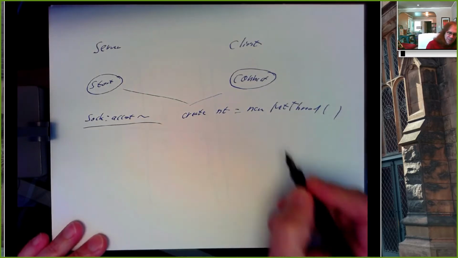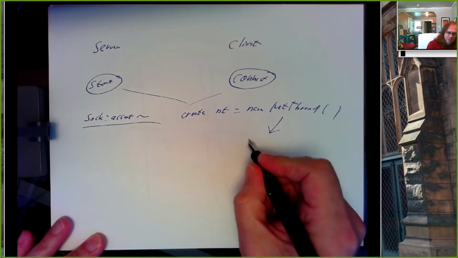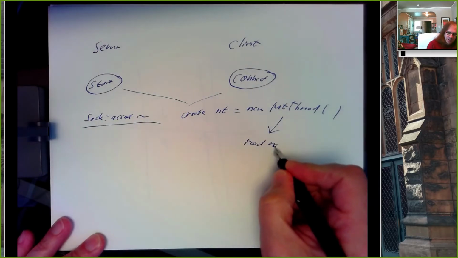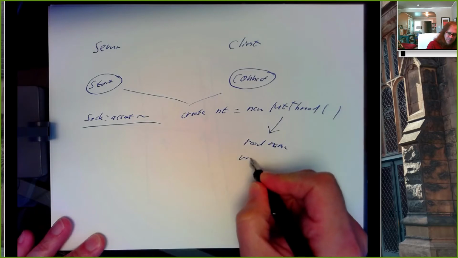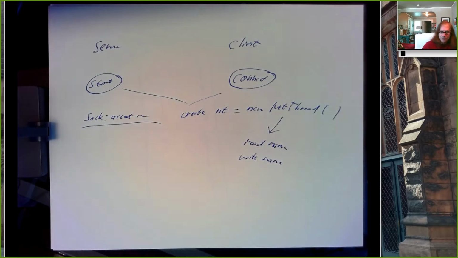And then, inside this net thread, swap names. So read a name and write a name. And don't get deadlocked on that, right?